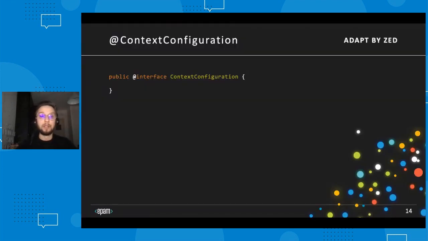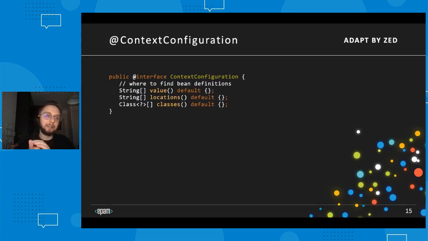If we're speaking about Spring, in the majority of cases we are talking about the application context. If we can create an application context for an ordinary application, it is also possible to configure an application context for your test execution, and it can be done using the ContextConfiguration annotation.